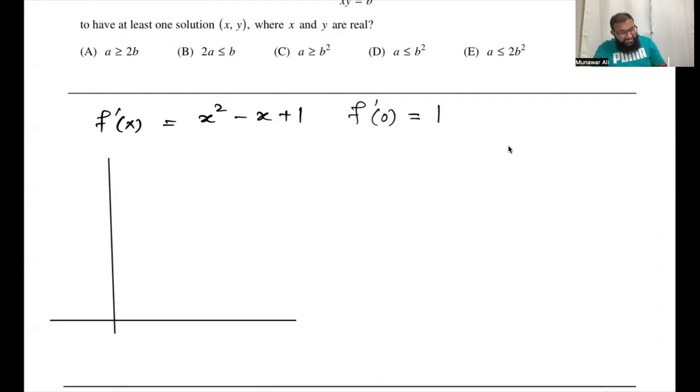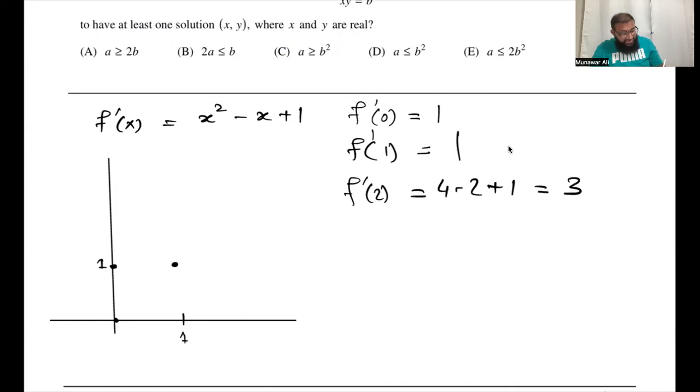So it's 1, obviously. At 0, the value of the function is 1. What is the value of the function at 1? I substitute 1 in the function, I get 1 again. So at 1, the value is 1. What is the value of the function at 2? 2 squared is 4, minus 2, plus 1. That's going to be 3. So at 0, 1, and 2, the values are 1, 1, and 3.